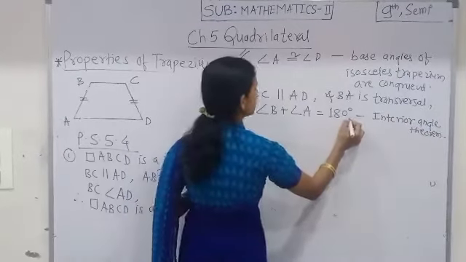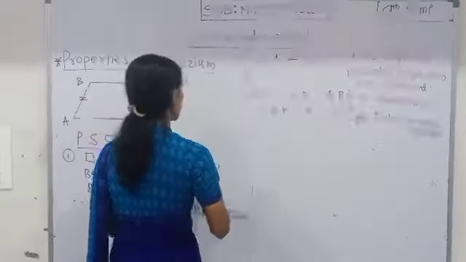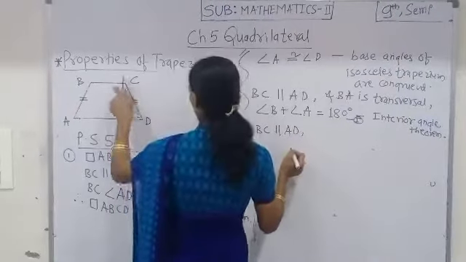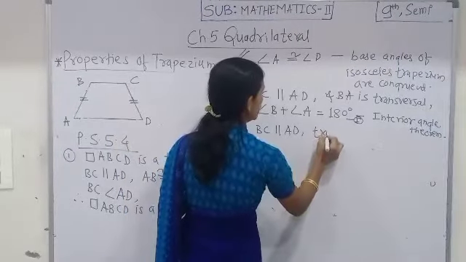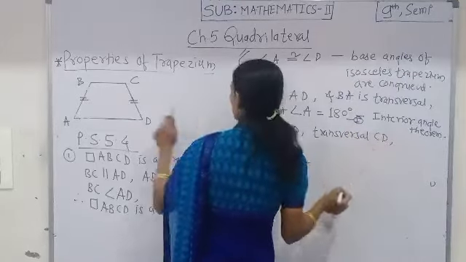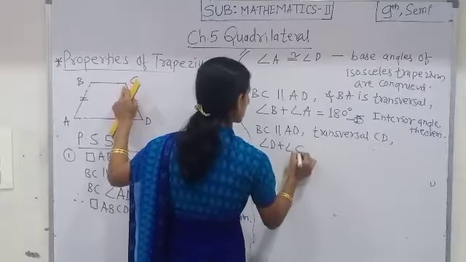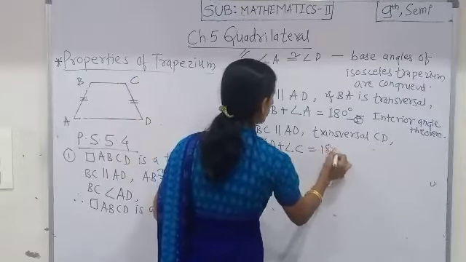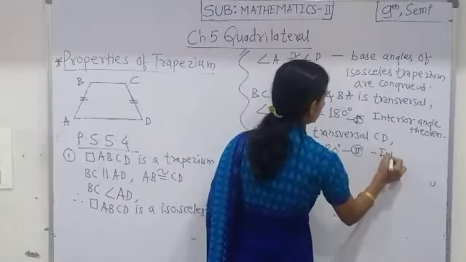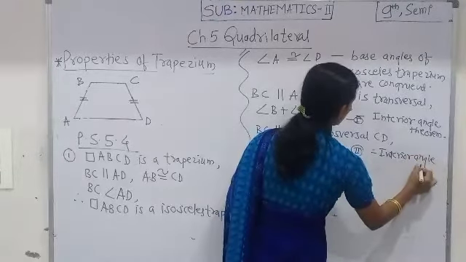Let this be equation 1. As well as BC parallel to AD and transversal CD, then angle D plus angle C is equal to 180 degrees. Let this be equation number 2, that is the interior angle theorem.